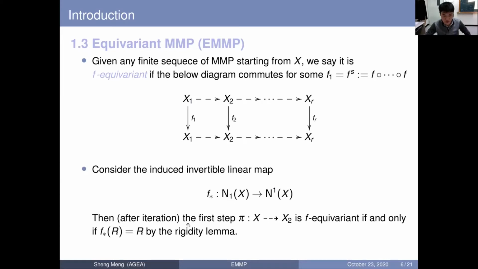Then after iteration, the first step is F-equivariant if and only if the extremal ray R that is contracted is preserved by the pushforward action. This if and only if result can be easily obtained from the rigidity lemma and the projection formula.